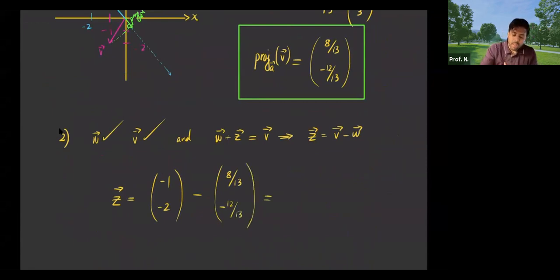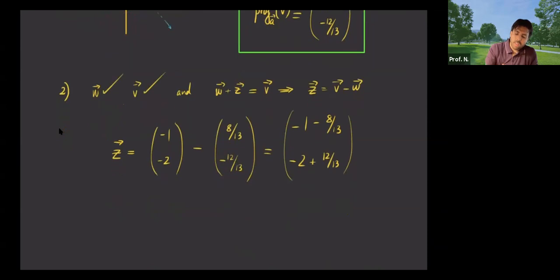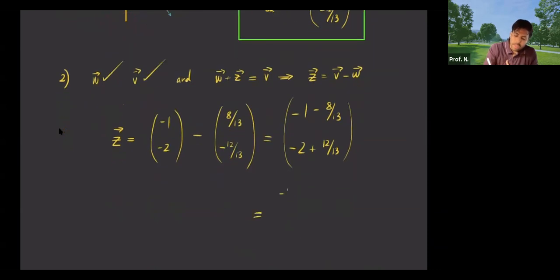So when we subtract that, we get -1 minus 8 over 13. This becomes -2 plus 12 over 13. Same denominator. I get negative 13 over 13 minus 8 over 13, and I get negative 26 over 13 plus 12 over 13.